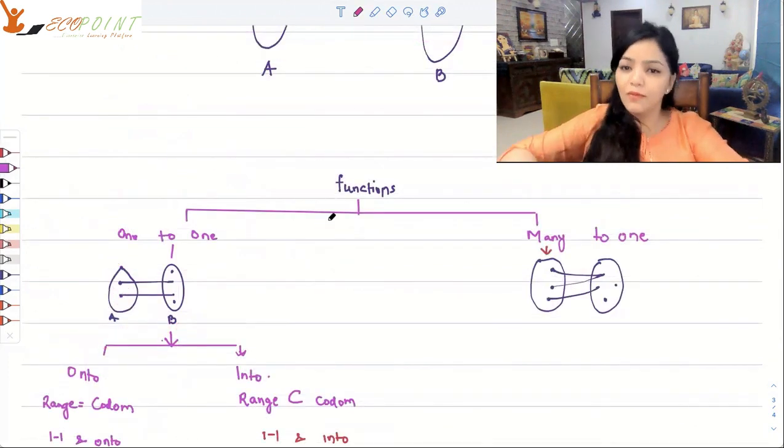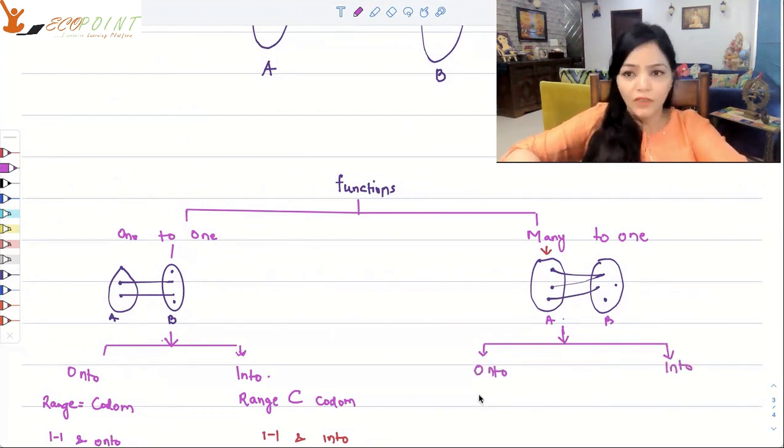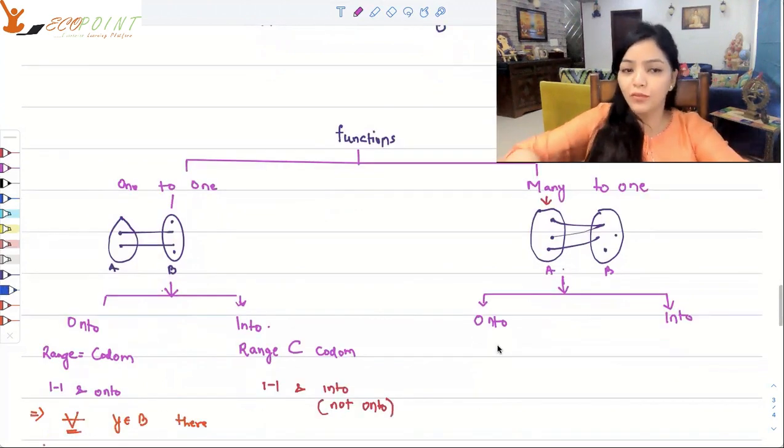In the same manner, for a many-to-one function also, you can have a scenario where the function is onto and the function is into. Onto means that your range is equal to the codomain, but it's a many-to-one function, so you will not have one-to-one correspondence.